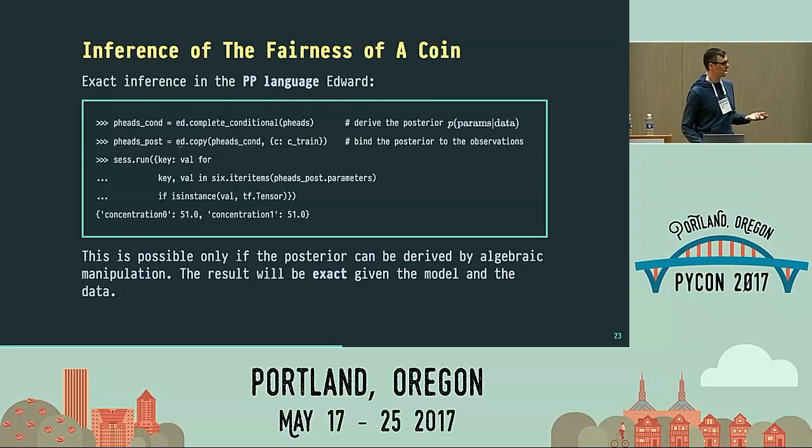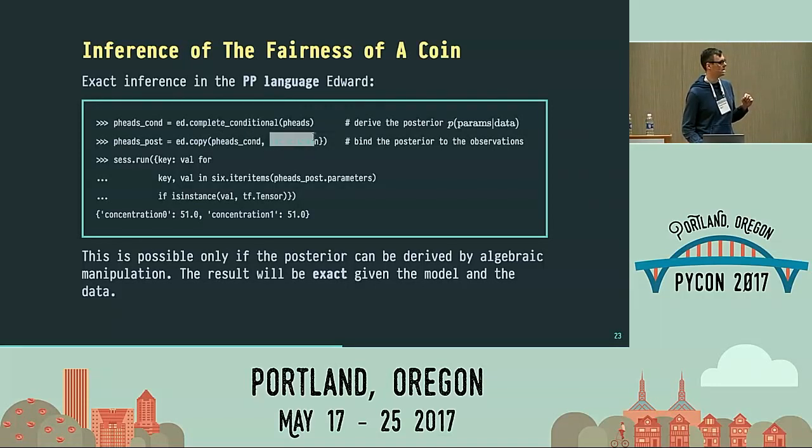So we have to have some way of telling Edward that the actual data we want to look at, the observations under which we want to study the posterior distribution, is this particular data set here, C train. So we have to bind the posterior to this particular set of observations, and this is done here.